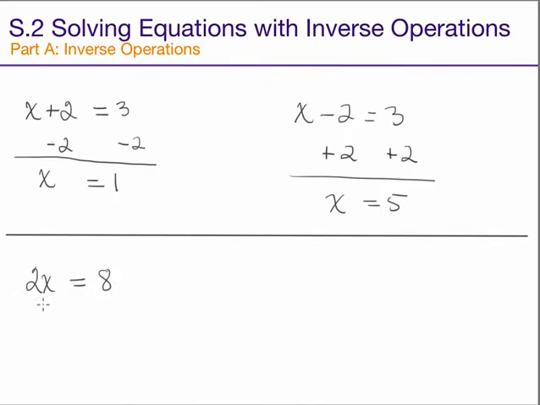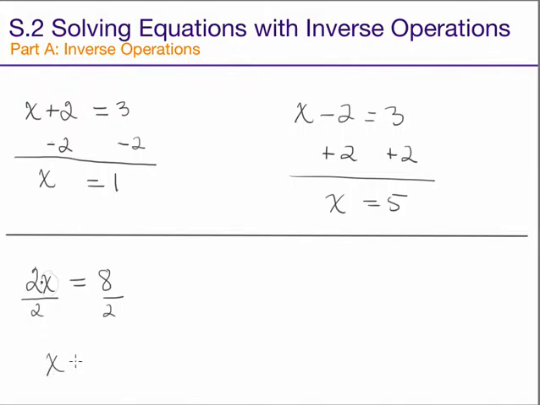To solve this equation, I have to look at the operation that's being performed here. Although there's no operation symbol, it's understood that it's times. The inverse of multiplication by 2 is division by 2. Multiplying and dividing by 2 leaves me with just the x.